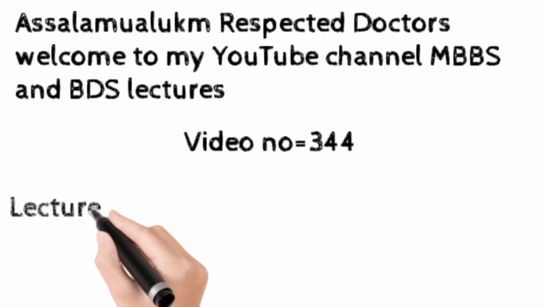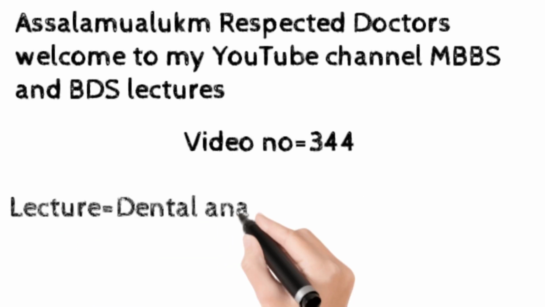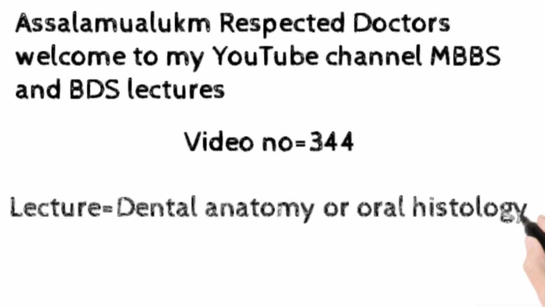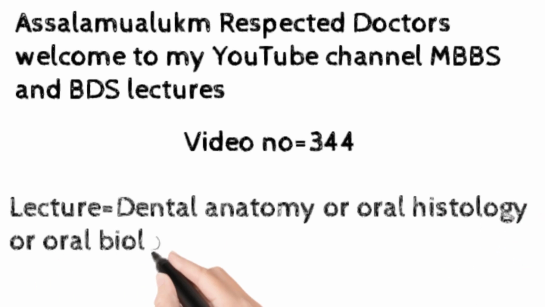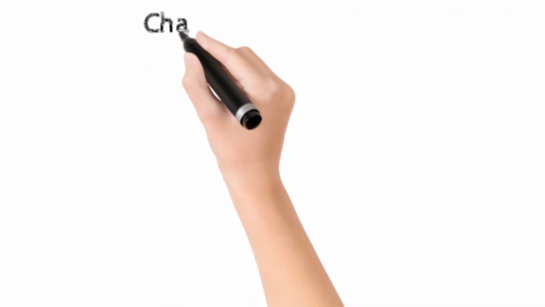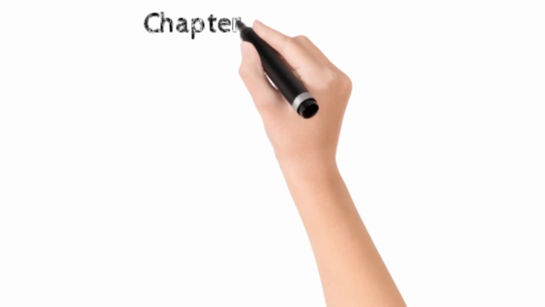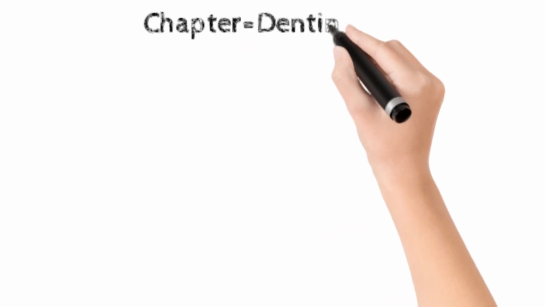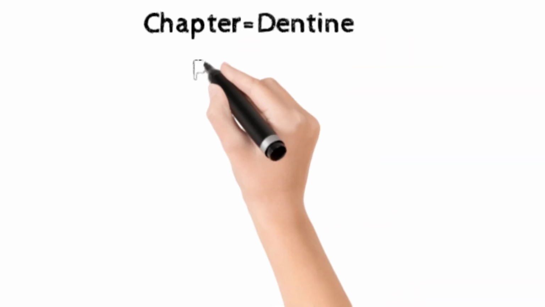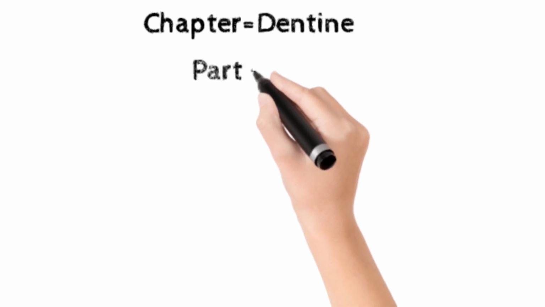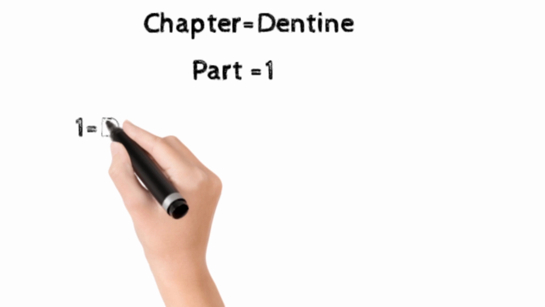Today on our YouTube channel, video number 344, and today our lecture is related to dental anatomy, also known as oral histology or oral biology. Today's chapter is dentine, and we will cover this chapter in 4 to 5 videos, but today is the first video of this chapter, which is part 1.